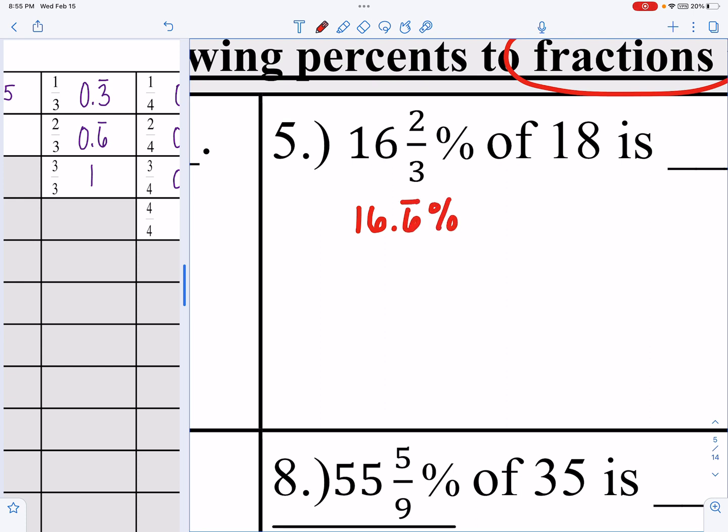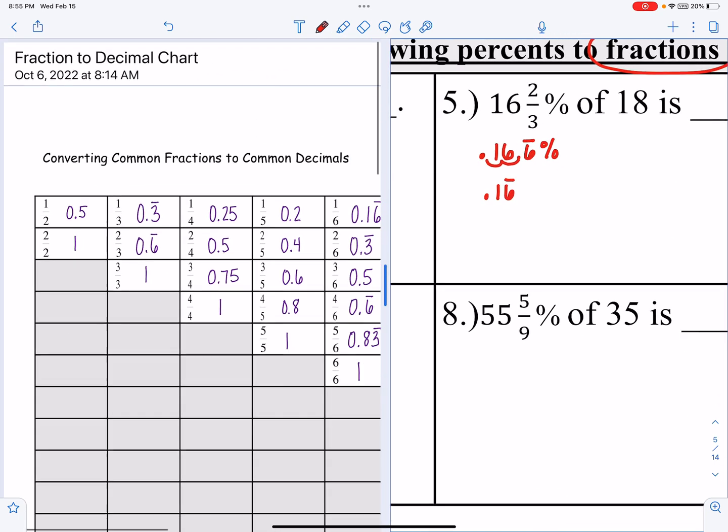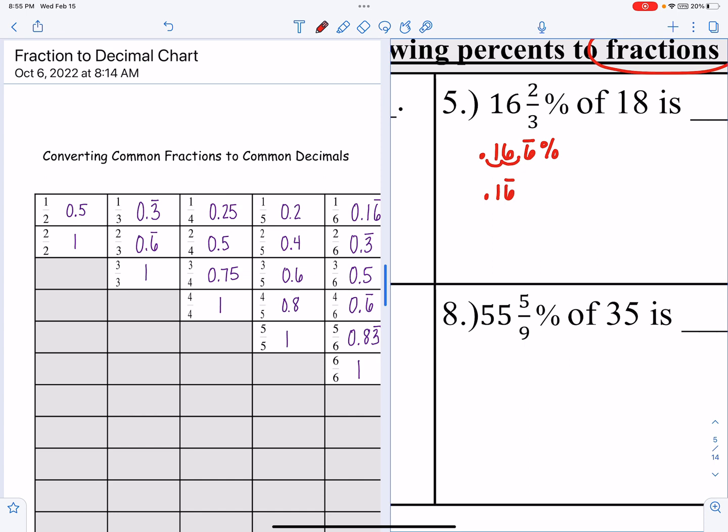We haven't gotten rid of that yet. We're just rewriting this. If I move this over, I have 0.16 with the 6 repeating. Let's see what fraction that is, because our objective is to change everything to fractions.